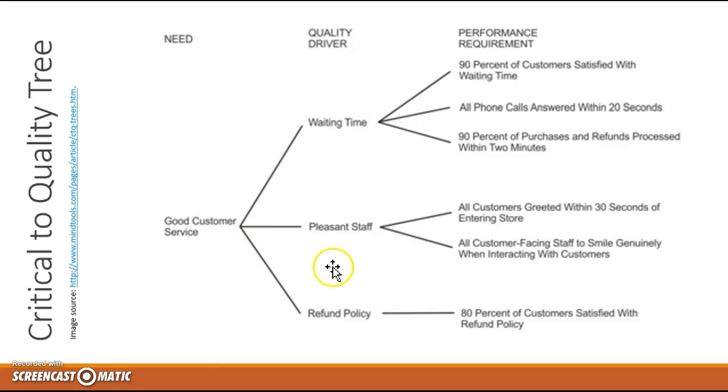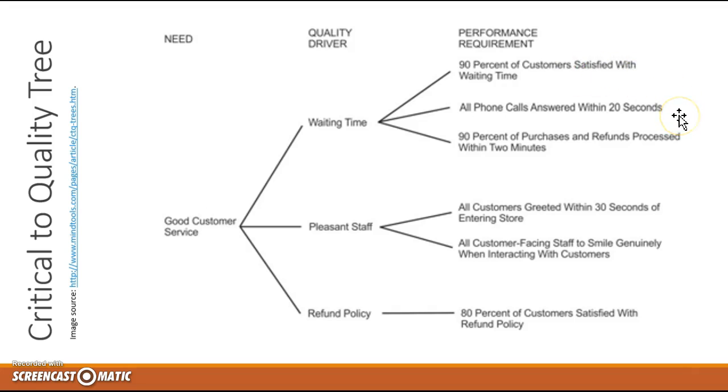These are all useful, but we need to figure out a way to measure them. And that's where our third level comes in: performance requirements or specifications. You can see that in terms of waiting time, there are 3 measures associated with that. One of them is 90% of customers satisfied with their waiting time.